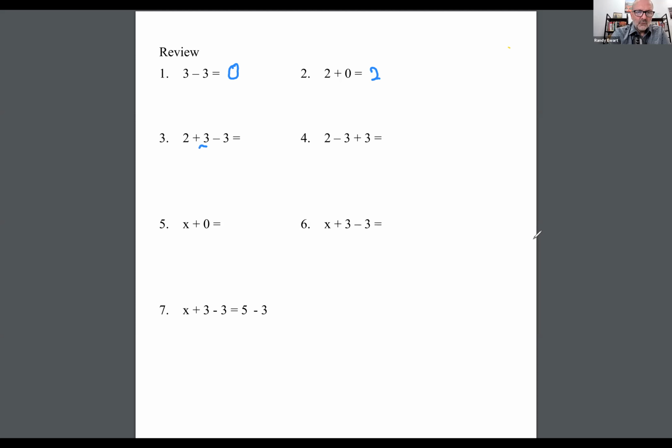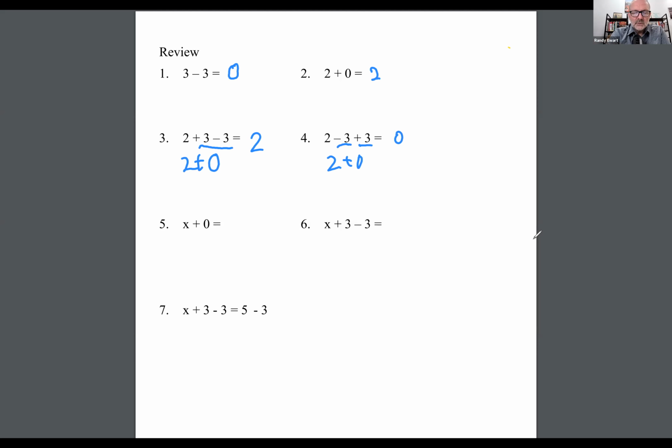Here I have 3 minus 3. That gives me 0. Oh, looky here. I have 2 plus 0, and that gives me 2. You can switch them. So I can do a -3 and then a +3, and that's still going to give you 0.